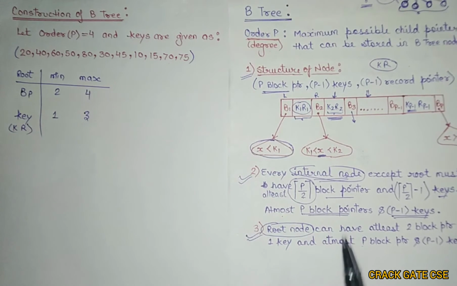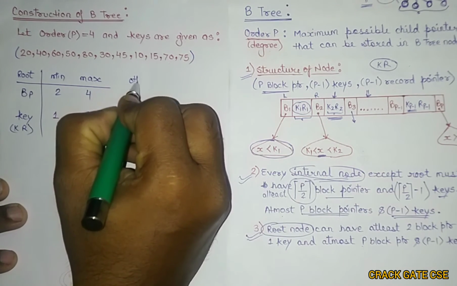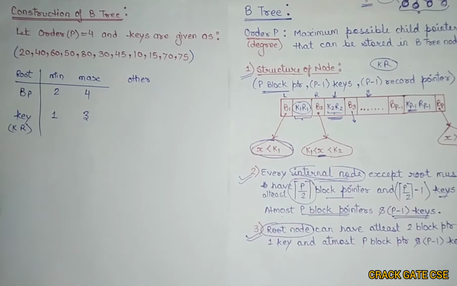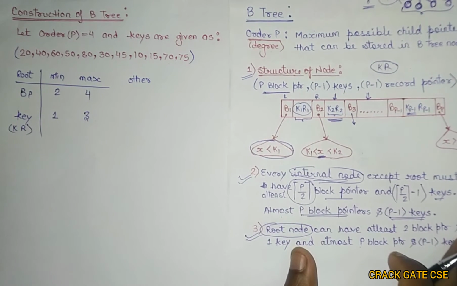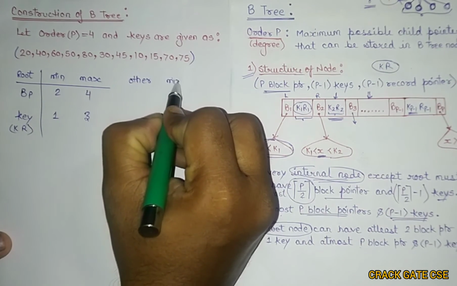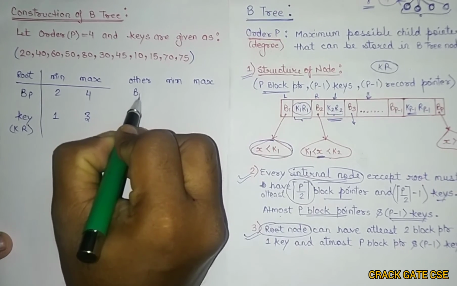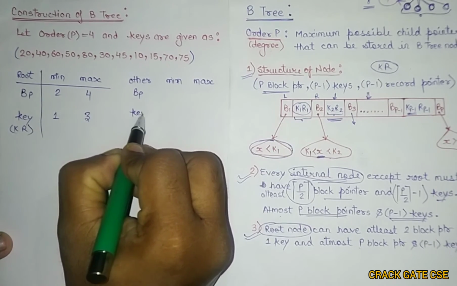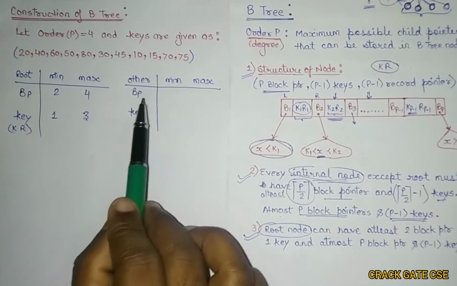Now we have to create a table for the other nodes as well, with a minimum and a maximum for the block pointers and key-record pairs.